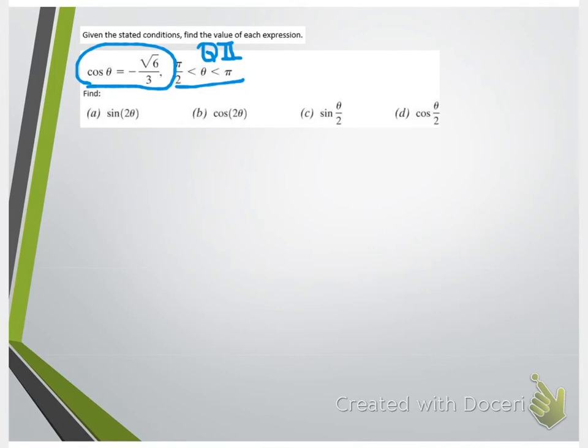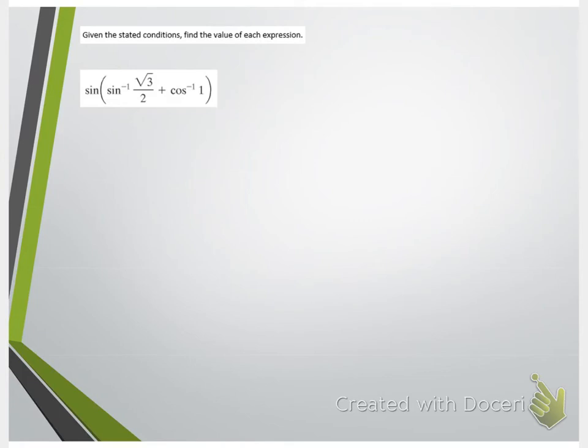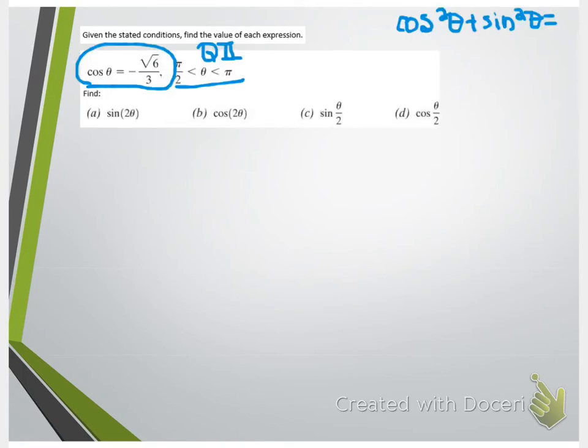And so I need to find my sine value, just like I was doing on the other problem. That's the cosine squared theta plus sine squared theta. That's just the way I always do it. So negative root 6 over 3 quantity squared plus sine squared theta equals 1.